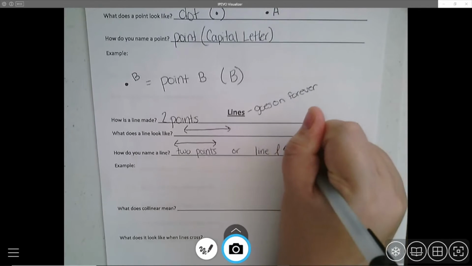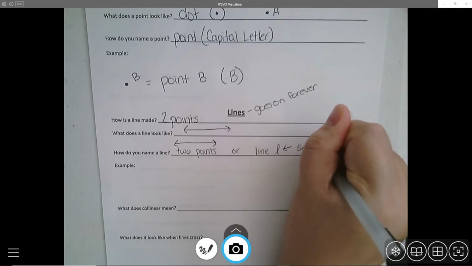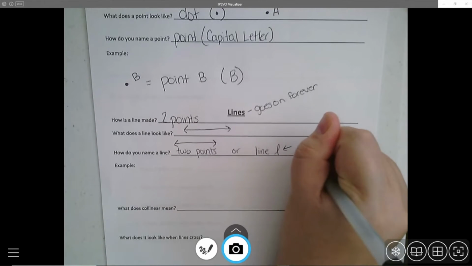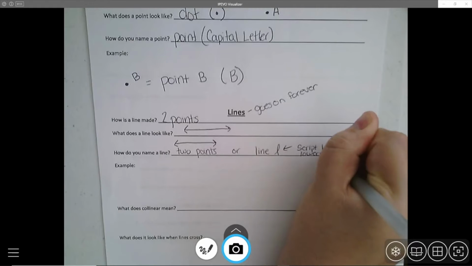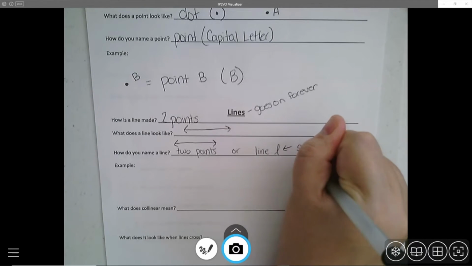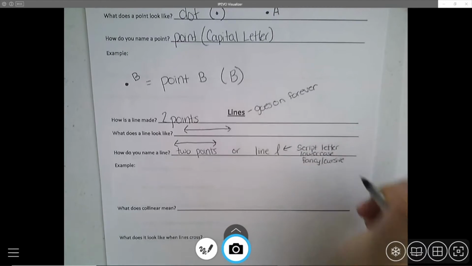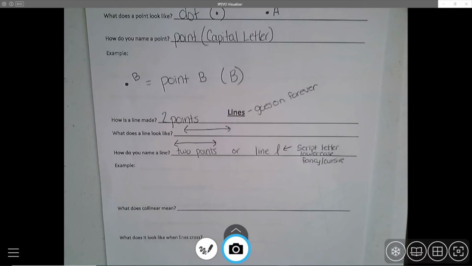It's called a script letter, and it is lowercase. I always say it looks fancy or a little cursive. That's how you know if you have a script letter. It's going to be lowercase and it's going to look fancy or a little cursive. That is what an L looks like as a script.